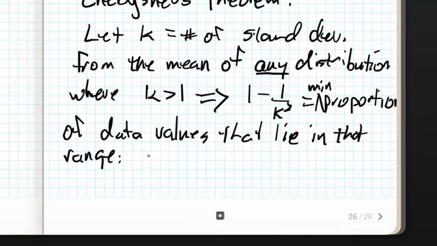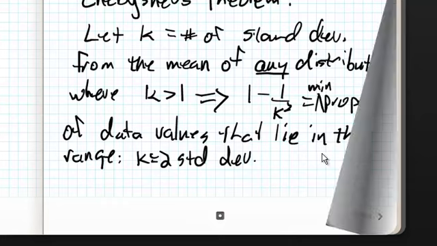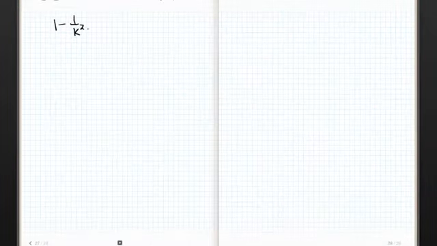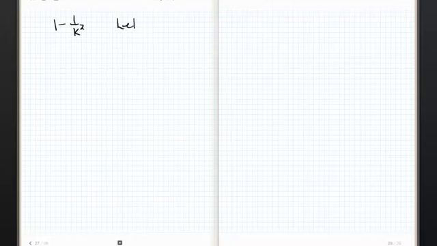Regardless of the distribution, let's say that I let k equal 2 standard deviations. All right? Now, remember, the distribution could look crazy. Let's go over here. I'm going to grab a new page because that one's starting to get a little crowded. All right, so remember, Chebyshev's is 1 minus 1 over k squared. And I'm going to let k equal 2 standard deviations.